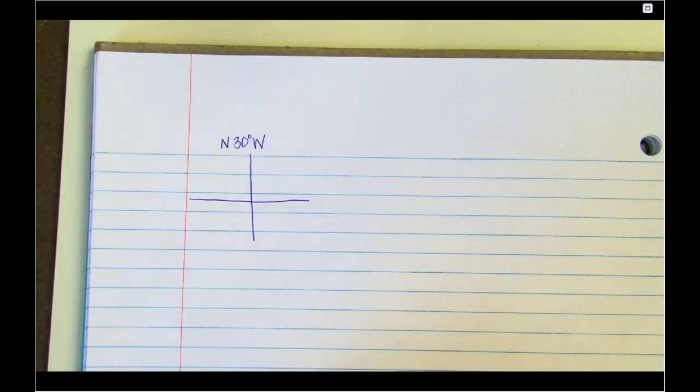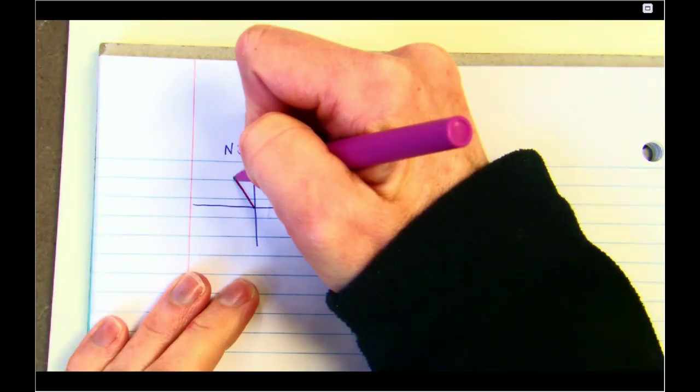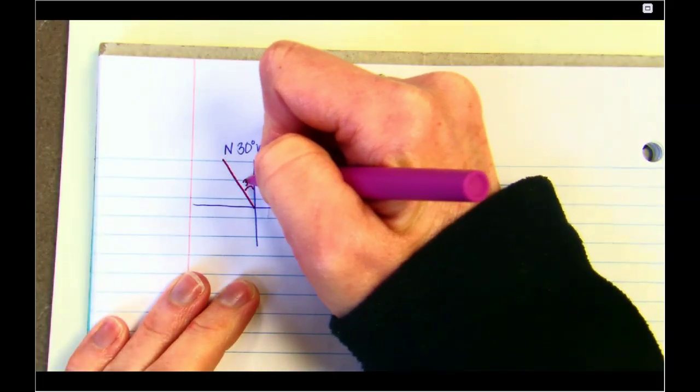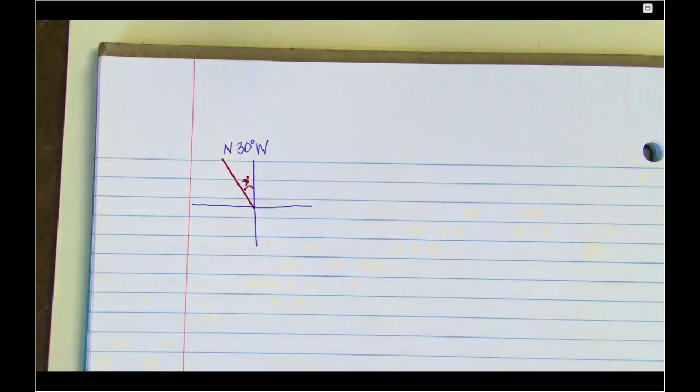Okay, so we know we're referencing north, and then we're also turning west, but how far are we turning west? 30 degrees. And so north 30 degrees west would be here. This little angle here would be 30 degrees. Okay, that's what north 30 degrees west means.